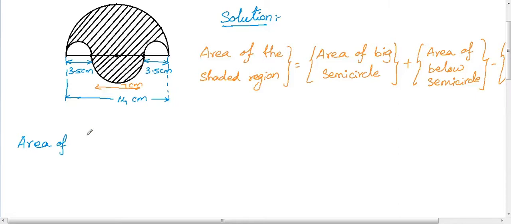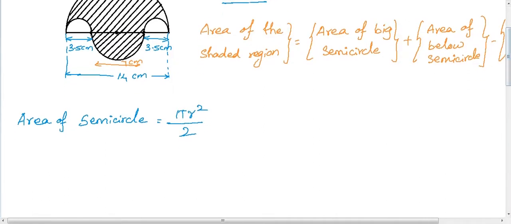We know the area of a semicircle formula is pi r square divided by 2. The pi value is 22 by 7 and r is the radius of the semicircle.